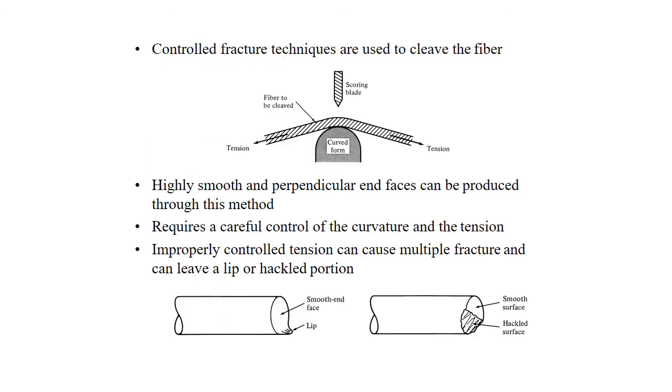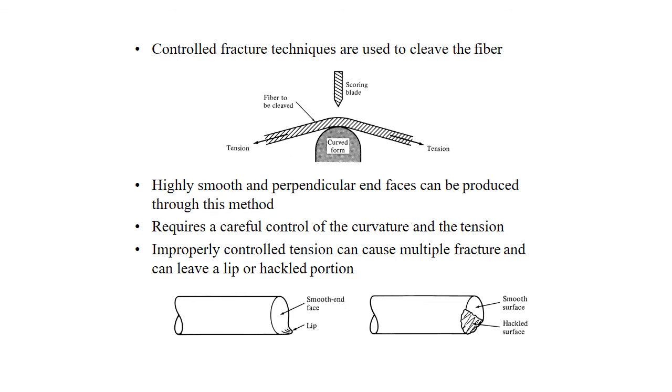Here the controlled fracture technique is used to cleave the fibers. This process involves the following steps. The fiber to be cleaved is first scratched to create a stress concentration on the surface. Then the fiber is bent over a curved form and tension is simultaneously applied to produce the stress distribution across the fiber.